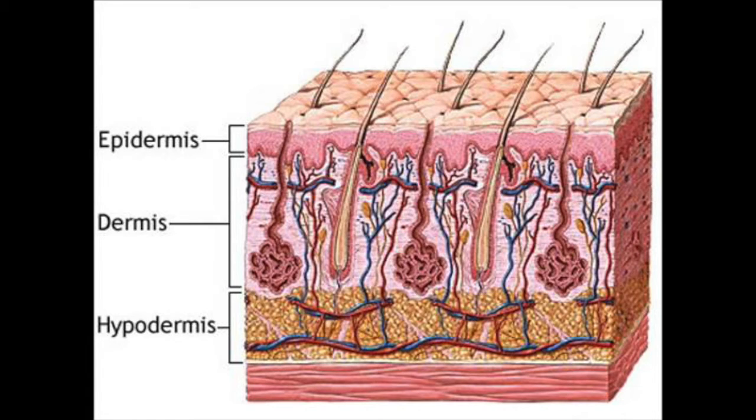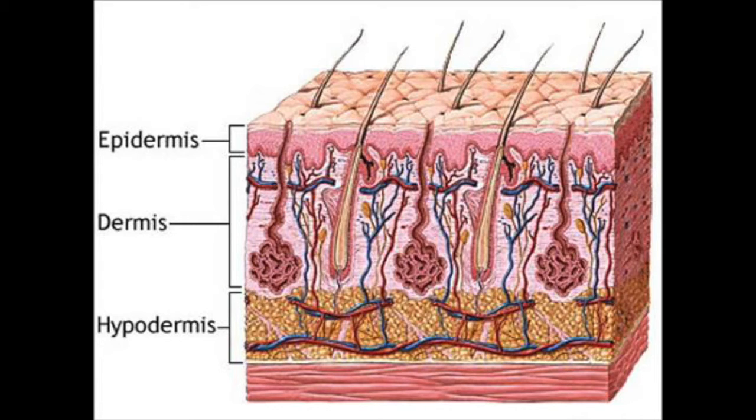The functions of the reticular layer: it attaches the skin to deeper tissues, so to your subcutaneous layer. All your sensory receptors are there, so it detects your touch, pain, pressure, vibration, temperature, and you also have your blood vessels that go through there, so they help with your thermoregulation, your temperature basically.